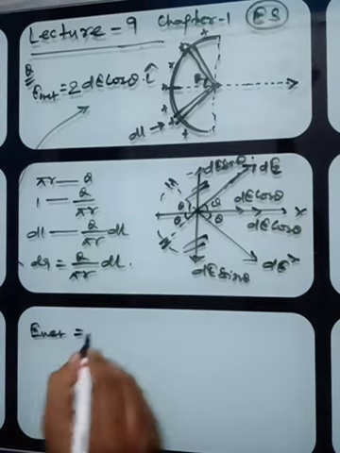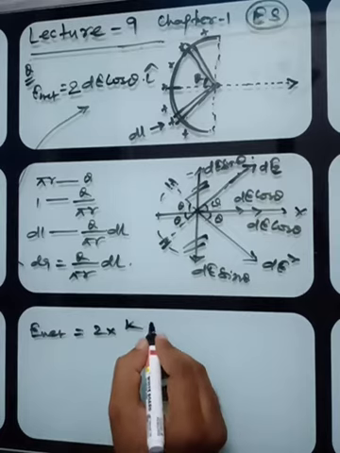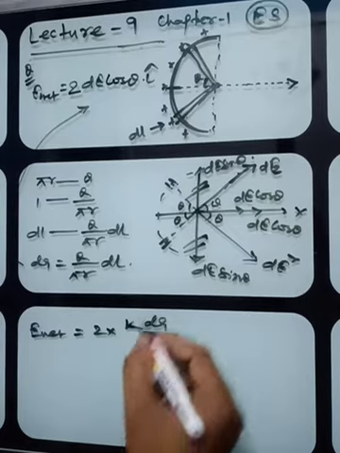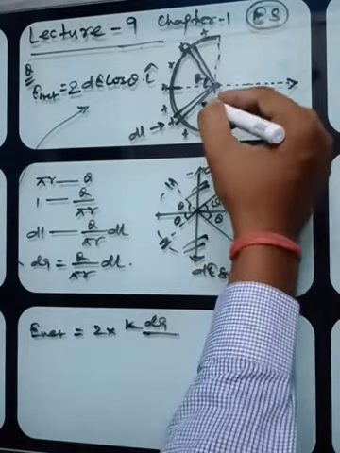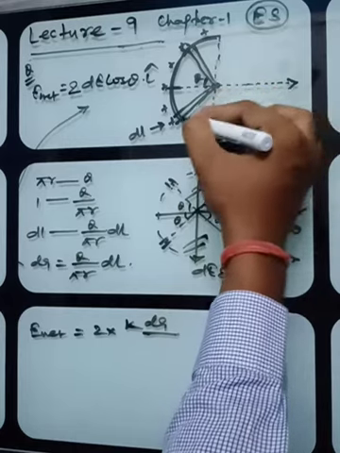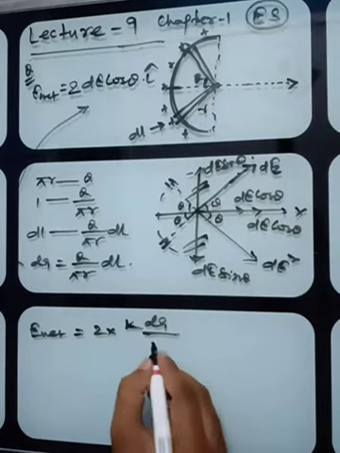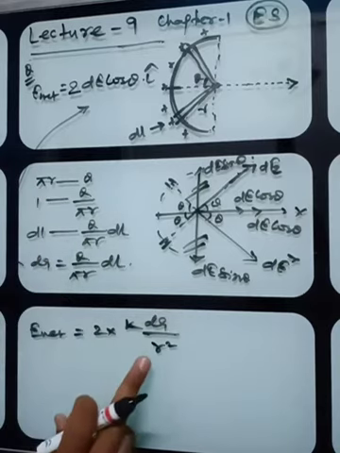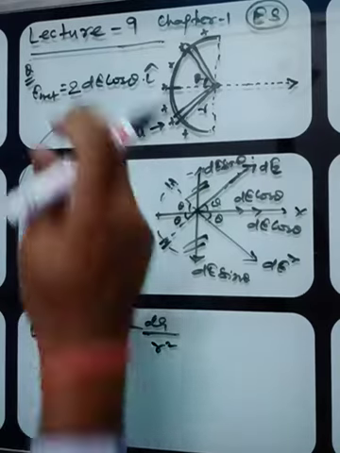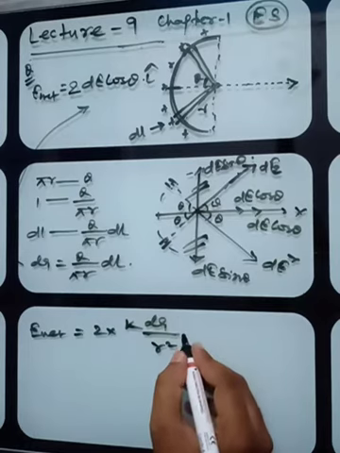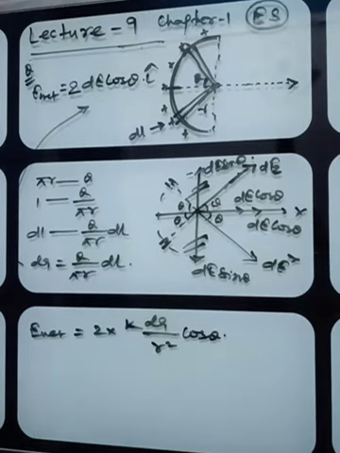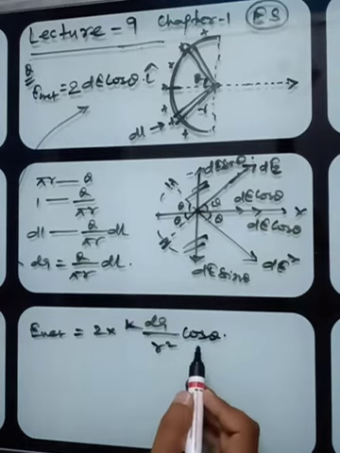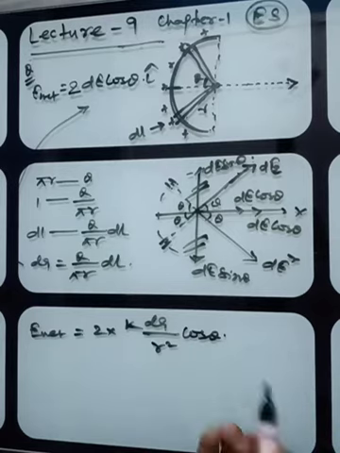E net is 2 kq by r square. This is the observation length, it is nothing but the radius, r square. It is kq by r square, 2 dE. Now cos theta. Since this cos theta is constant, you know, cos theta will not change.